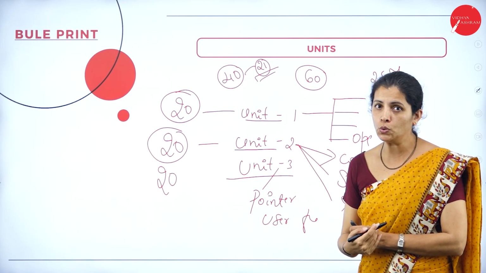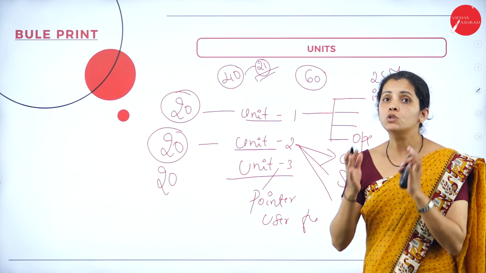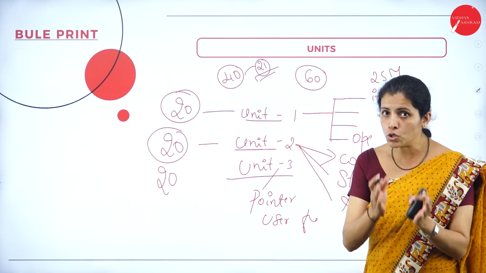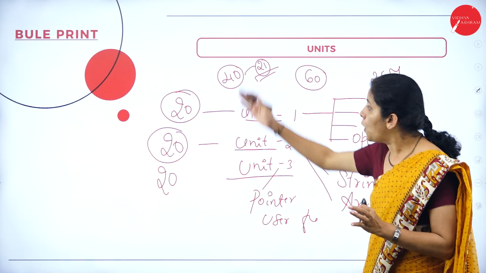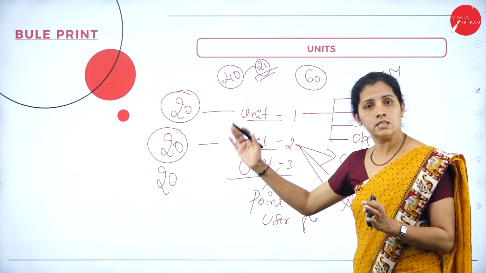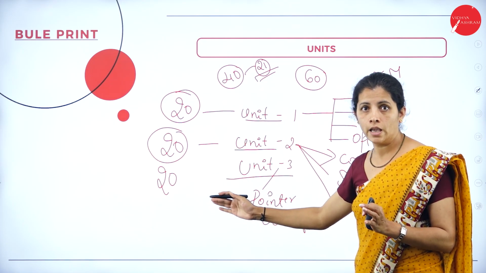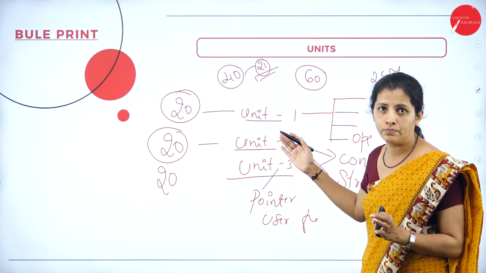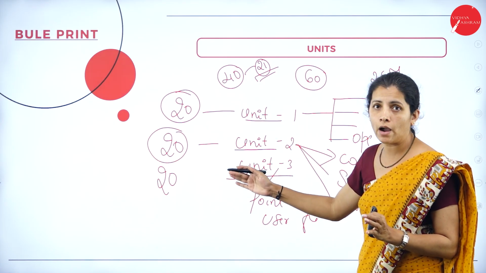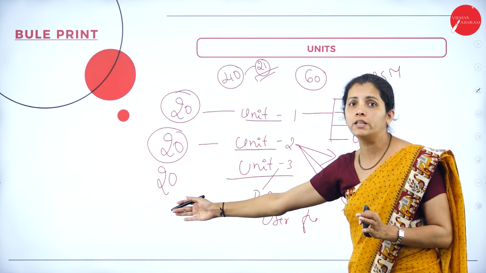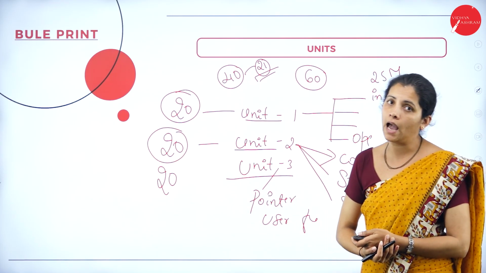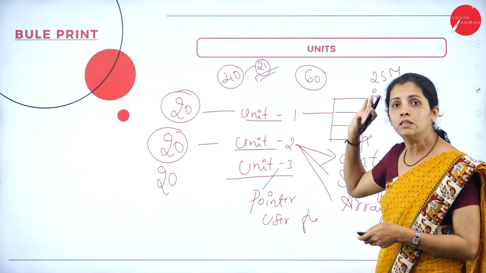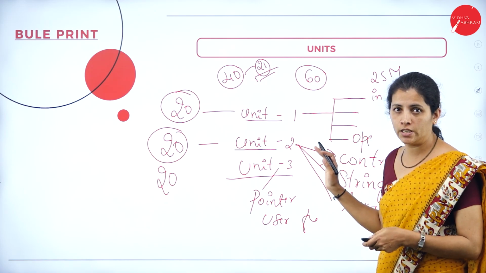And there are a few students who want to score good marks. Those students have to study all 3 units, and along with that, they have to focus on these important questions.